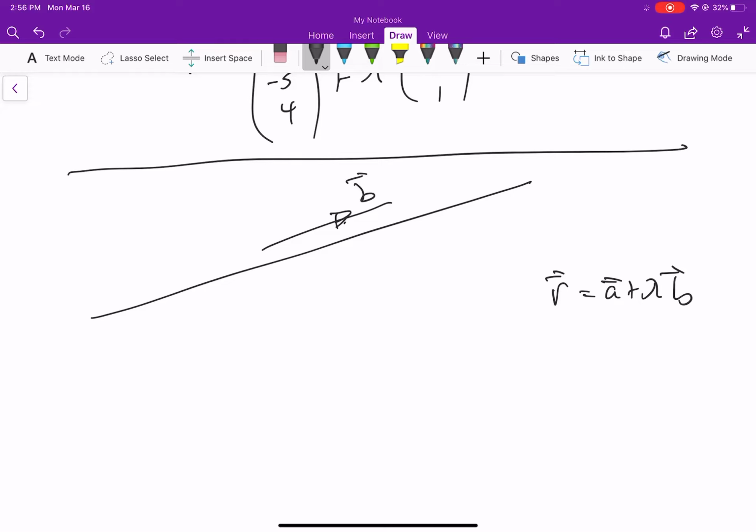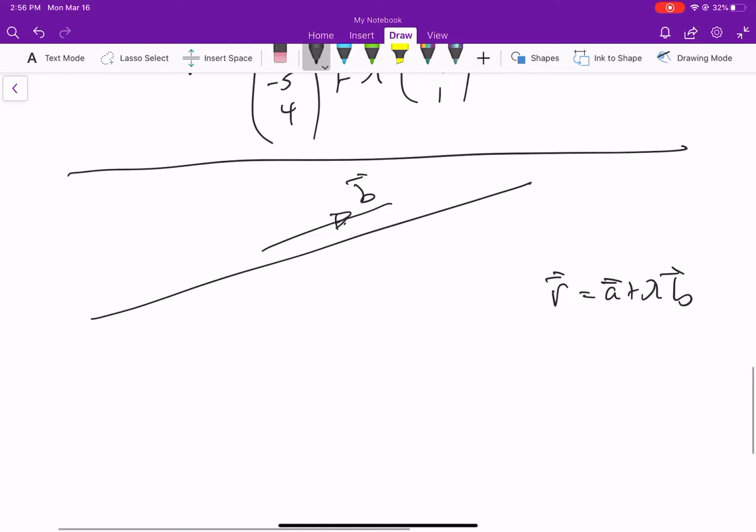Well, if you were to make a comparison with the regular Cartesian equation of a line, y equal, let's say, 2x plus 5, every time you plug in a value of x, you get a corresponding value of y, and therefore an xy coordinate pair.